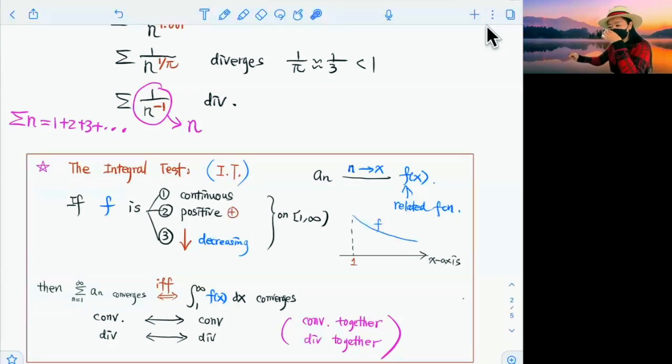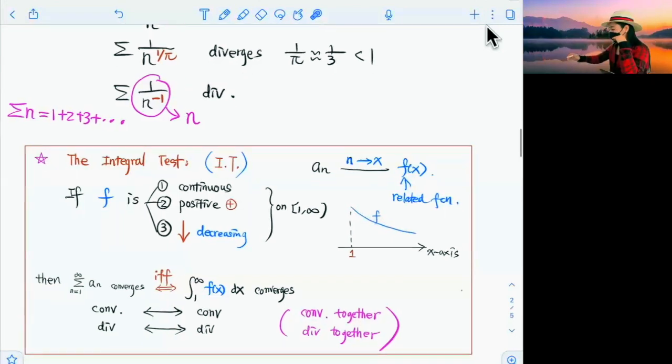We keep bringing up how important it is for the function to be decreasing in order for this to work. In general, it goes down like this on 1 to infinity, because we only care about 1 to infinity, since the index of the series starts from 1. You're not going to start from a negative index.